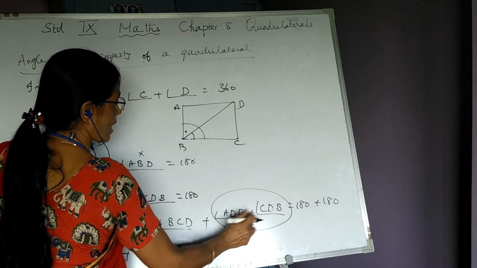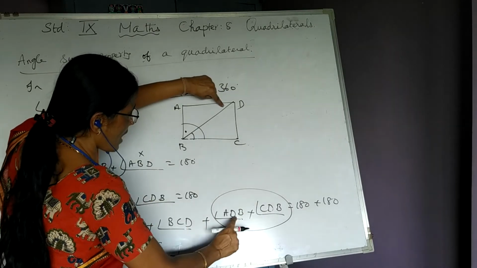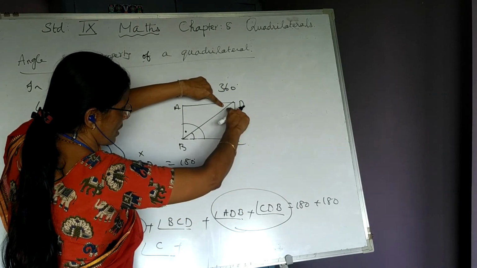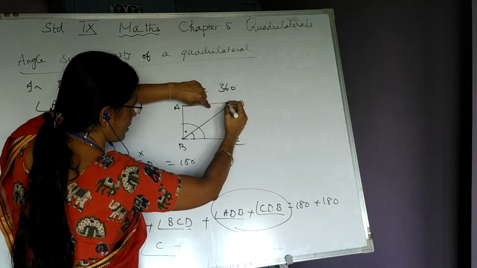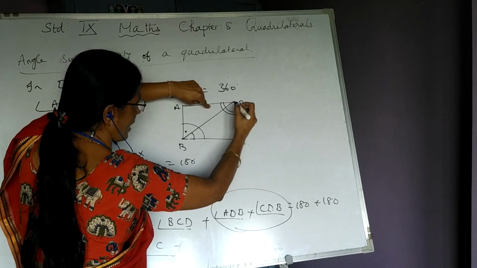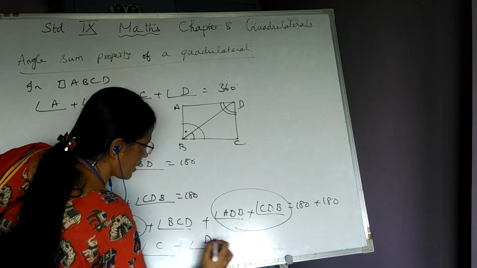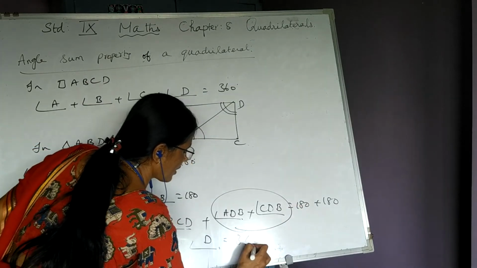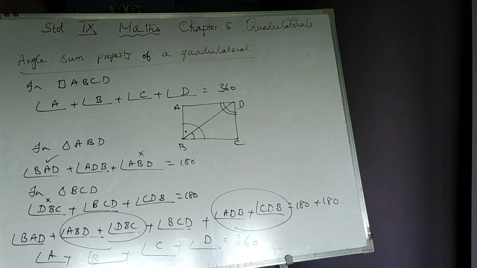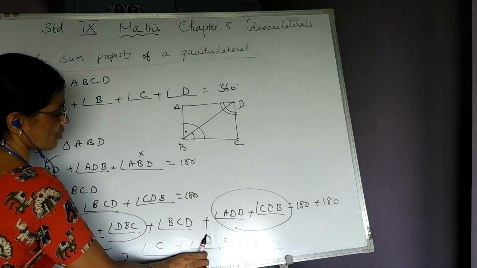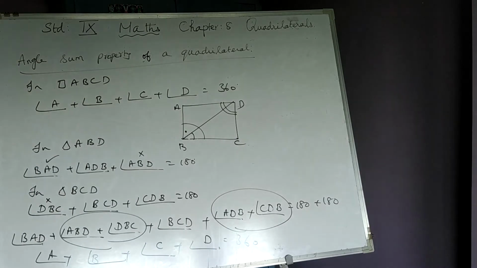These 2 show parts of the angle. ADB is this part, CDB is this part. So if these 2 parts are added, which angle will we get? We'll get the entire angle D. Therefore, 180 plus 180 is equal to what? Equal to 360. Therefore we got that in any quadrilateral, the sum of the 4 angles of the quadrilateral is equal to how many degrees? Equal to 360 degrees.